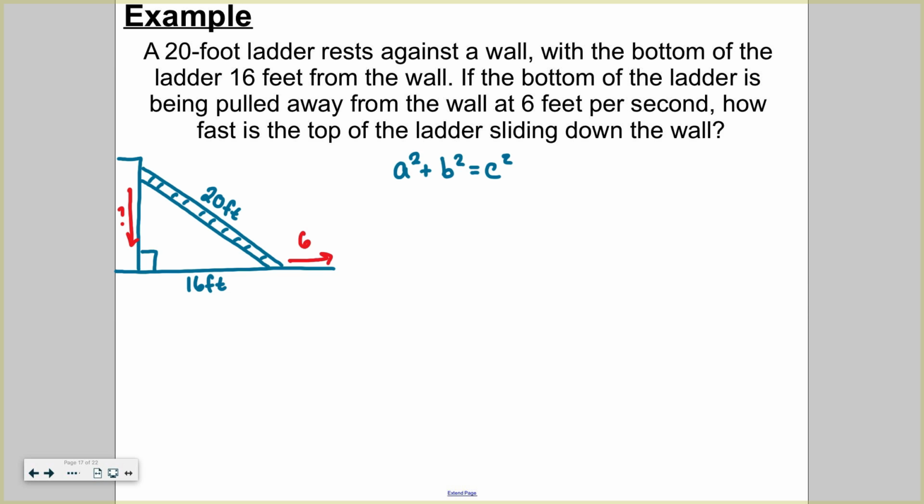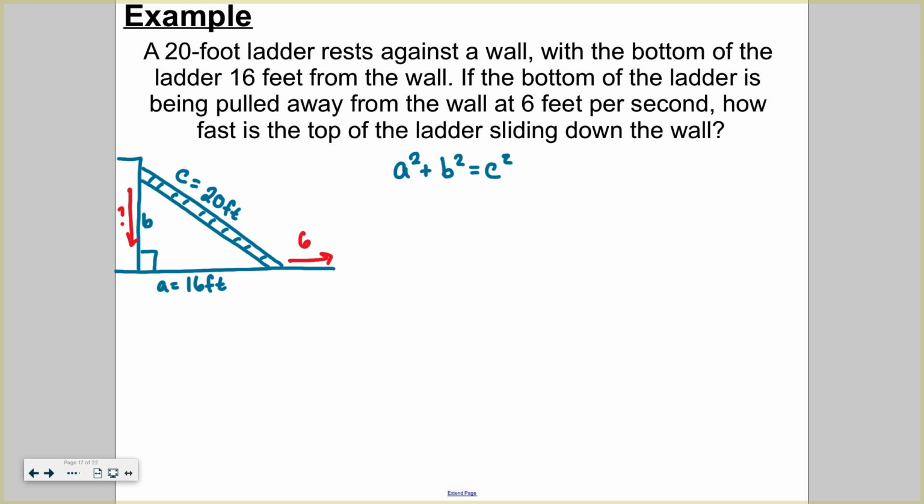So let's call the base A, the height B, and the hypotenuse C. And remember, A and B don't matter, those are just the two sides. However, C has to be the hypotenuse, and we know it's the hypotenuse because it is always opposite the right angle.